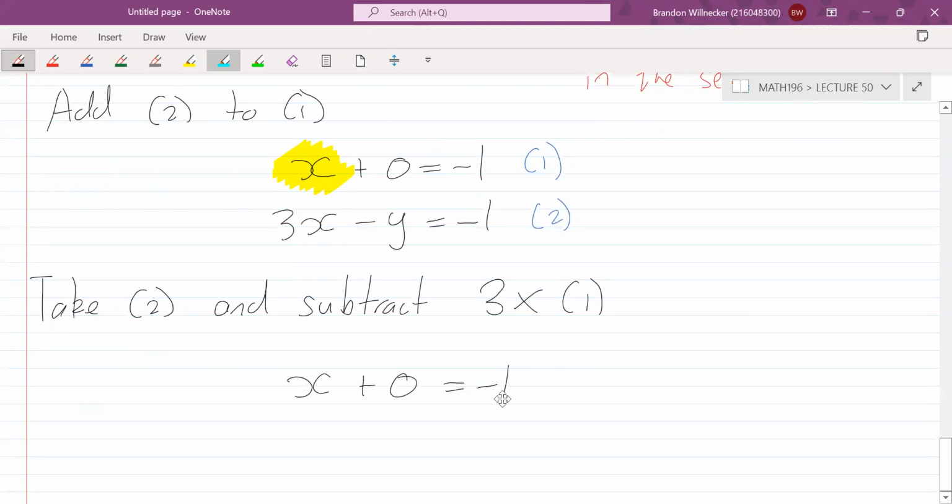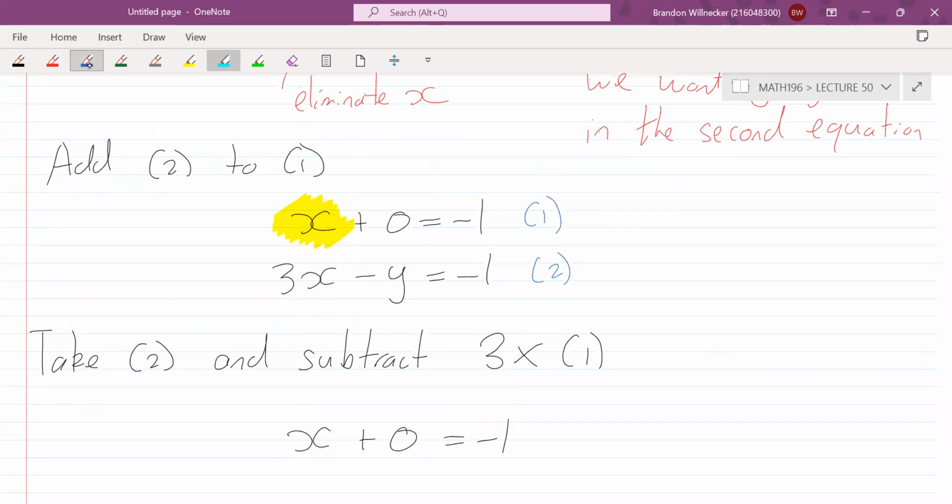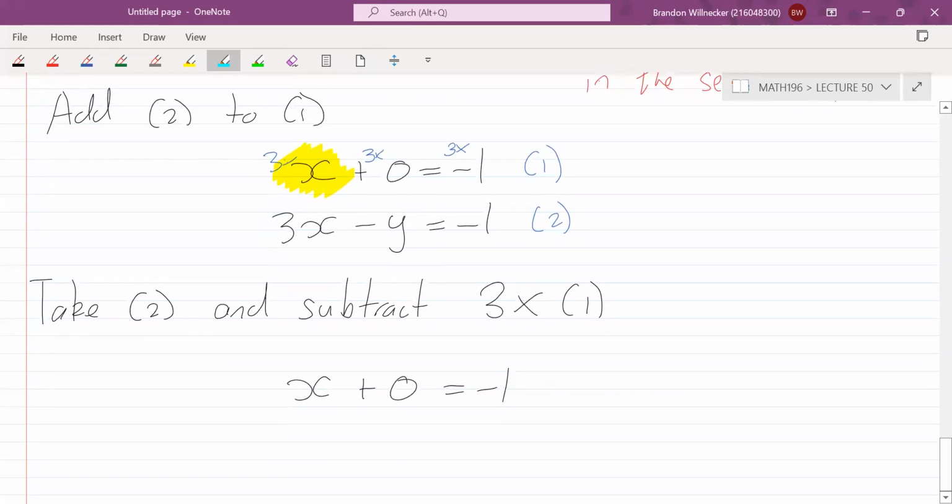And now we're going to take equation 2 and minus 3 times equation 1. So just imagine that there's a 3 times in front of everything. So 3x minus 3x, that's going to be 0. Minus y minus 0, that's going to be minus y. And minus 1 minus 3, so that's minus 1 plus 3, that's going to be 2.